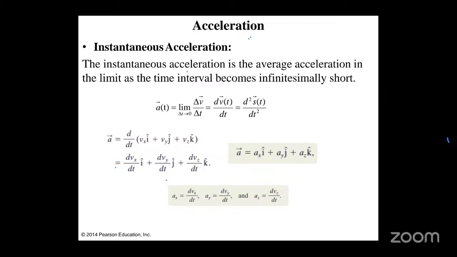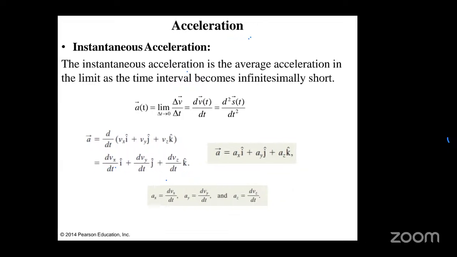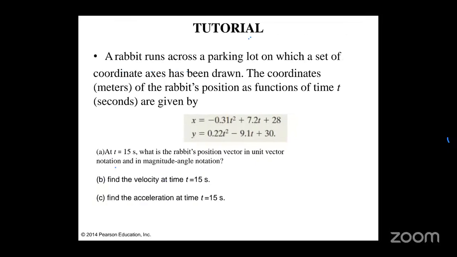You can also say that instantaneous acceleration is the acceleration of an object at a given time, at a specific time. So here we have a is equal to dv over dt.